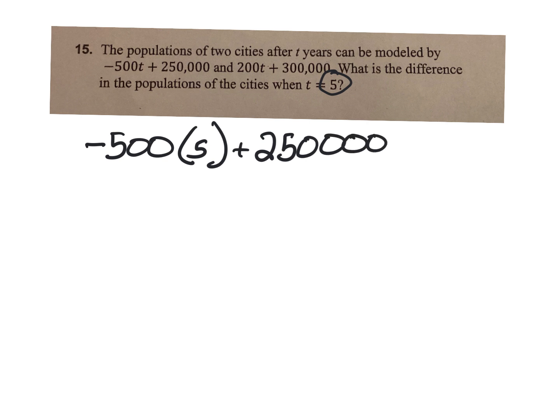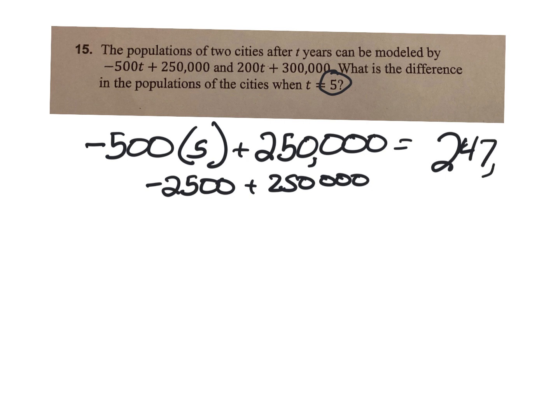Negative 5 hundred times 5 is negative 2,500 plus 250,000. That's 250,000 minus 2,500 equals 247,500. So there's the population of one city.